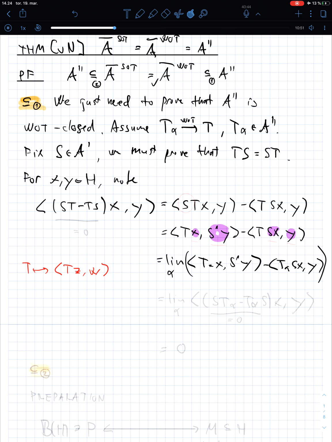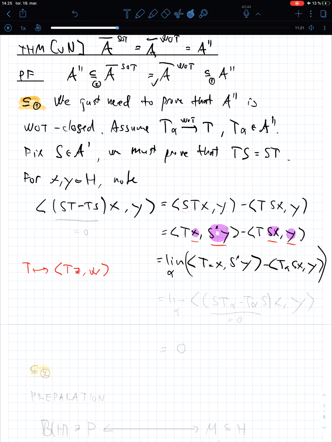Right. So these all have to be continuous. That's how we define the weak operator topology. So we know that since T alpha goes to T in that topology, (T alpha z, w) will go to (T z, w), and then we're applying it with z equals first x and w equals S star y, and then z equals Sx and w equals y.